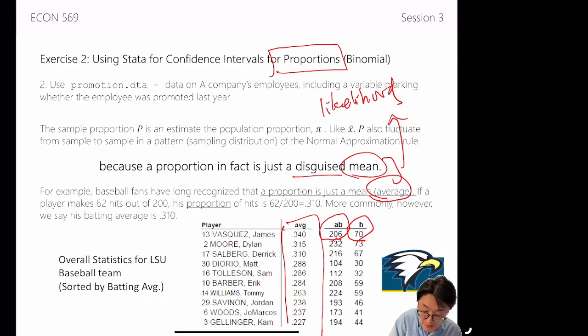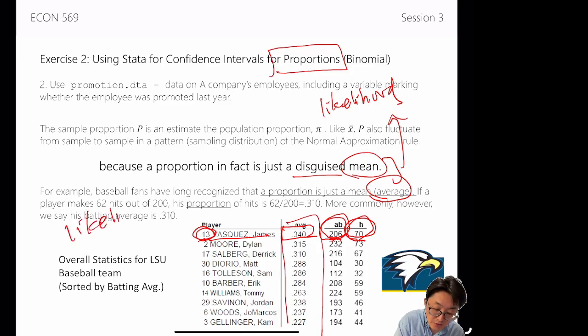For example, the first batter, James Vasquez, had 206 at bats, and he was successful 70 times. So his batting average is what? 0.340, which means the likelihood of his success is 34%.